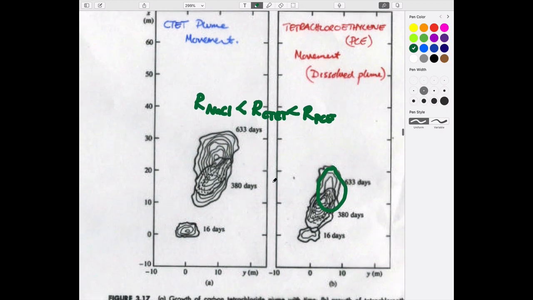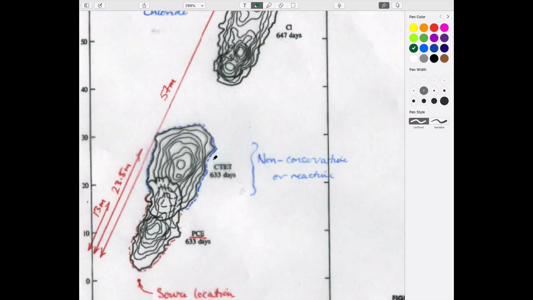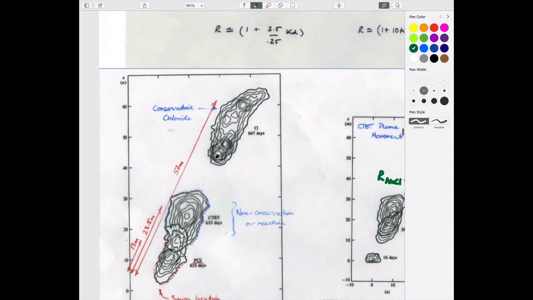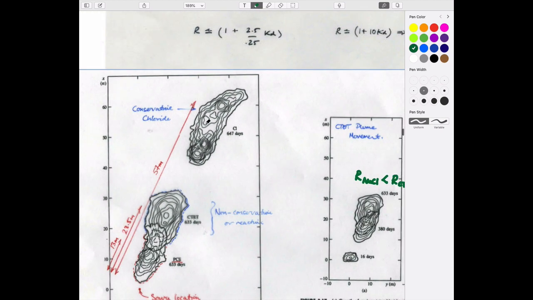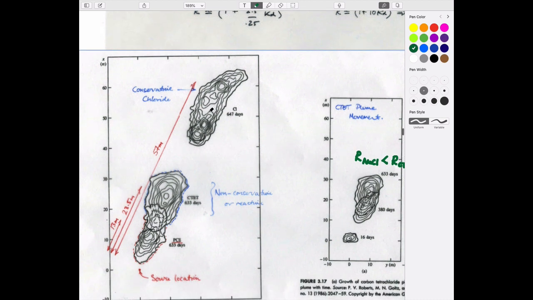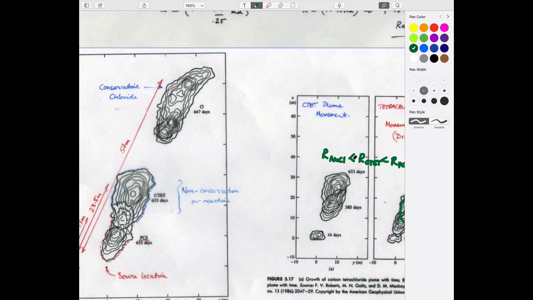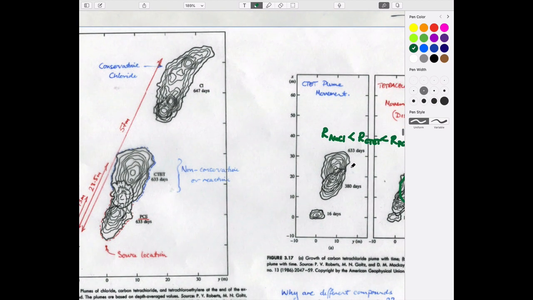This has gone least far, this has gone an intermediate amount, and the chloride on its own had gone 57 meters. And so it seems that there's probably something that we can do to be able to figure out exactly what the magnitudes of these retardation coefficients are directly from this. And I suppose you'd imagine that it comes from looking at the shape of the plumes.